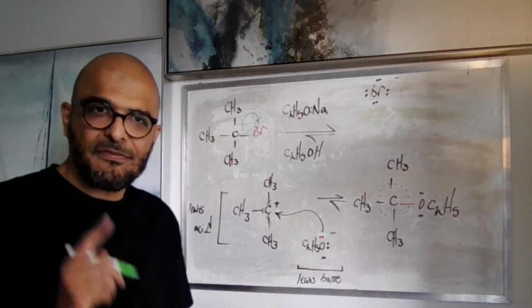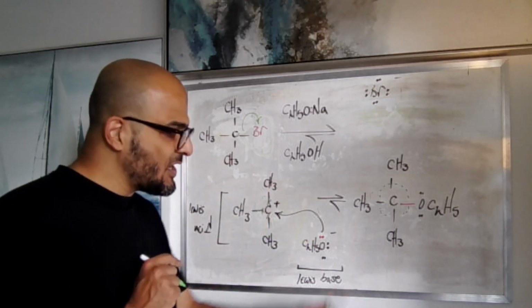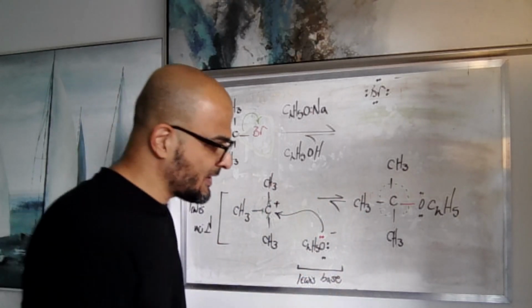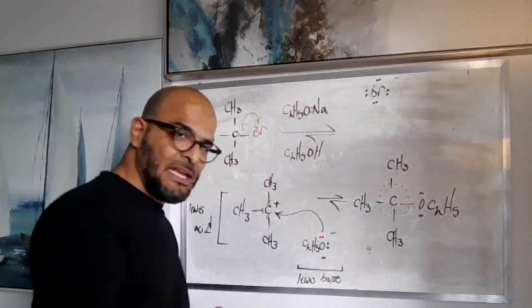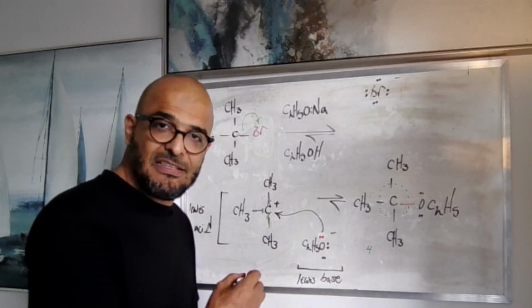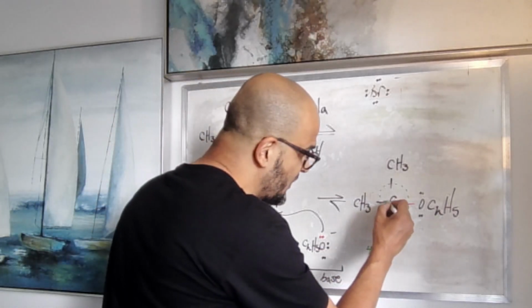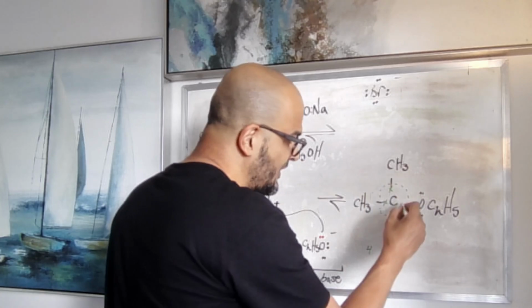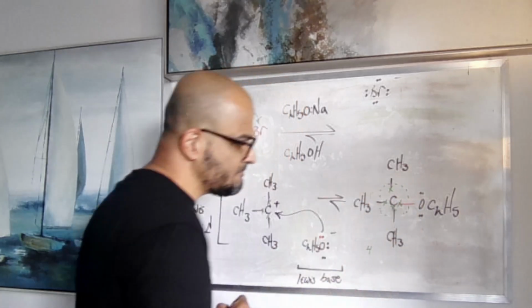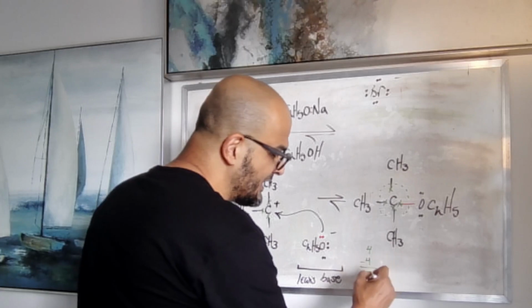I'm going to ask myself two questions. What is the address of the carbon in the periodic table? This is group 4. How many electrons do I have in this dotted net? You see there is 1 electron there, 1 there, 1, and 1. 4 minus 4 gives me 0.